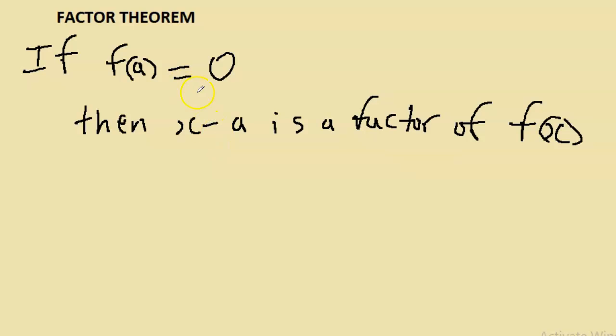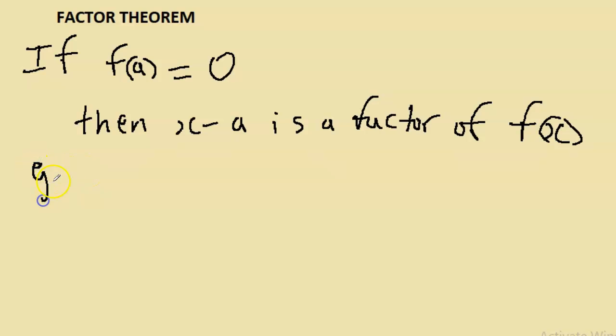Alright? So remember, when you find f of a, what f of a gives you is the remainder. And if the remainder is 0, then obviously the divisor is exactly divisible. Alright?